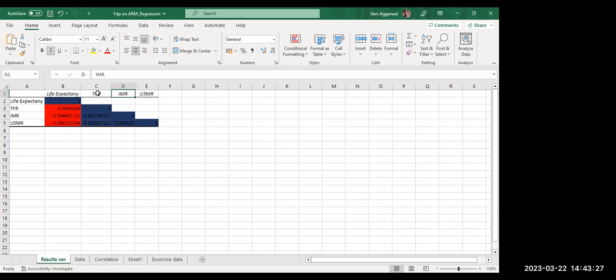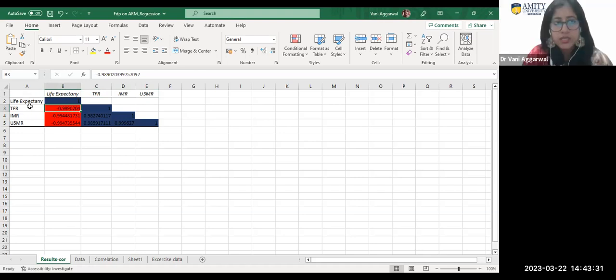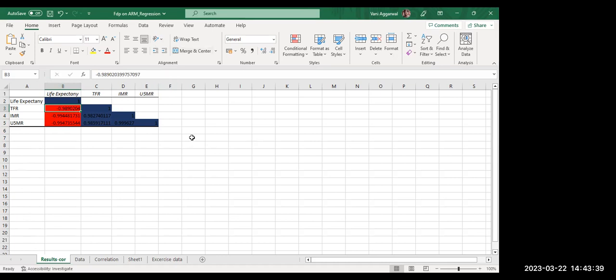You gave the breakup in column A. Yes, in column A, these are the variables. No, this is explaining the correlation that we have got by using the option. But how did you get more variables in column A?